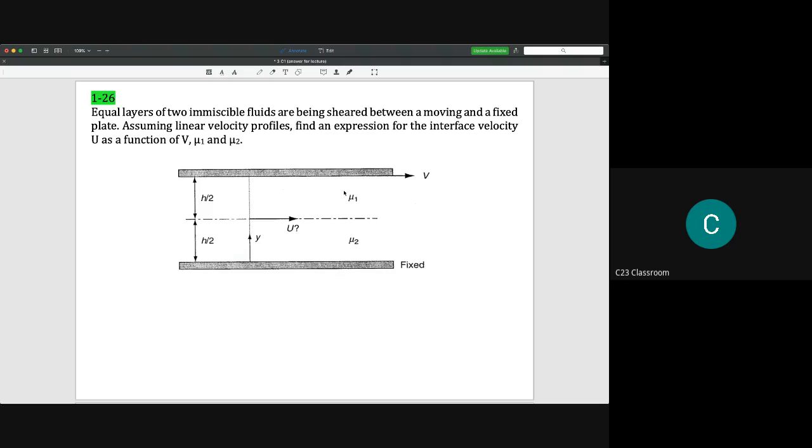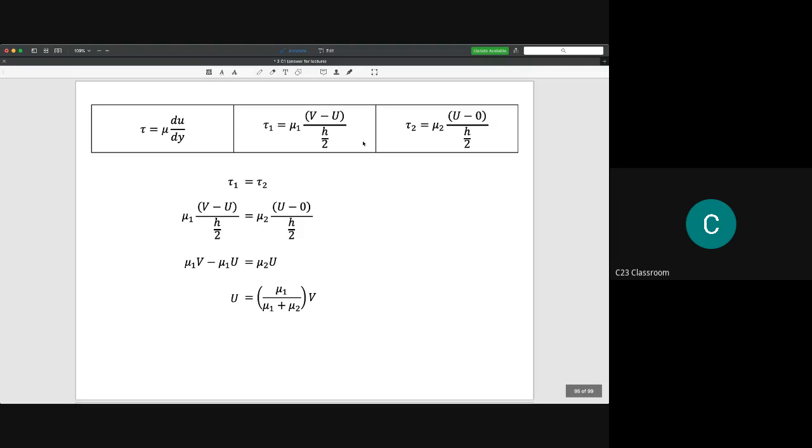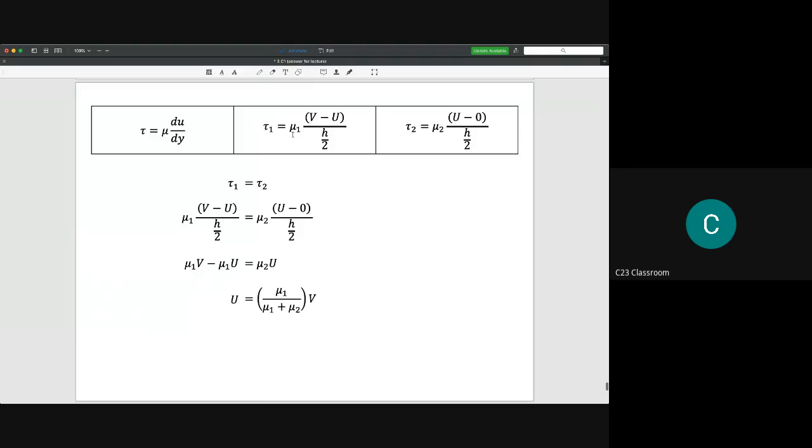So if we have two types of fluid here, we need to use two equations. For example, for fluid number 1, we show tau 1, which we could write as mu1 (V minus u) over (h over 2), and tau 2 is mu2 (u minus 0) over (h over 2).